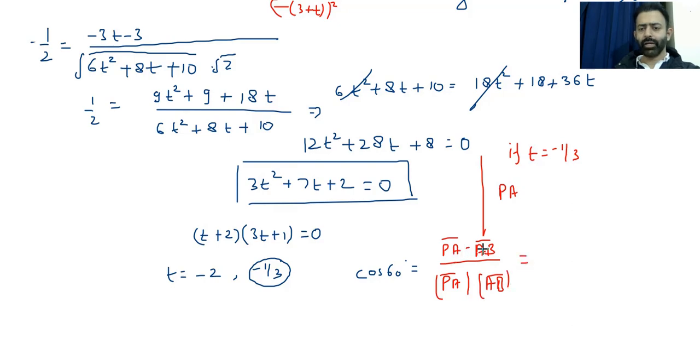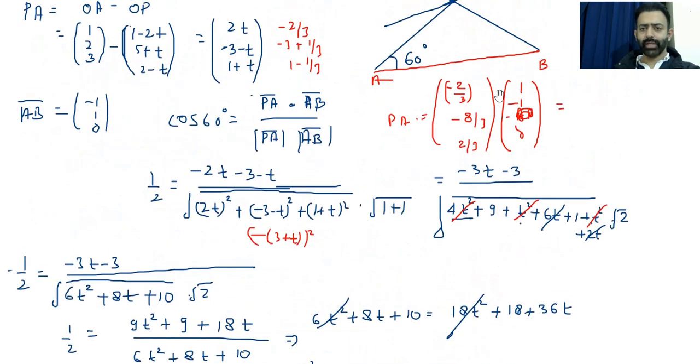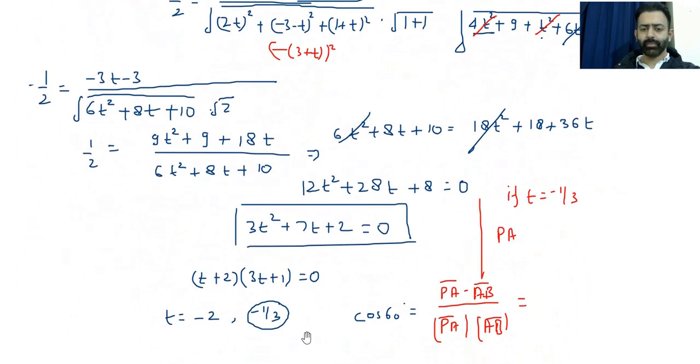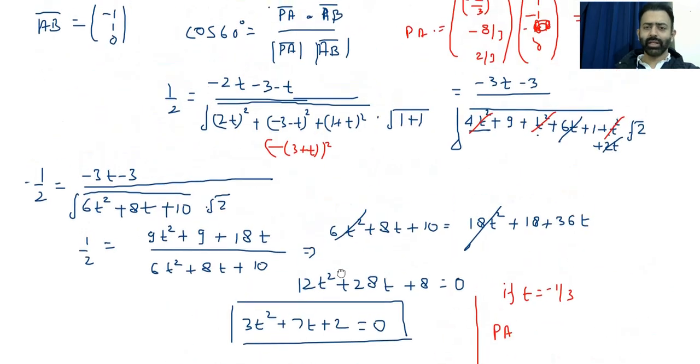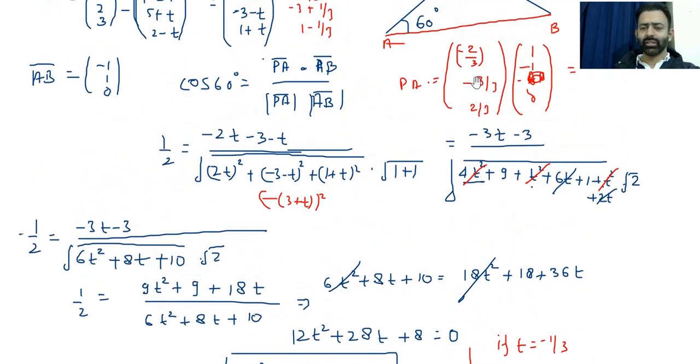So PA dot AB is minus 2 by 3 plus 8 by 3, whatever is the value, it is not cos 60, which is half. It won't be half, right? It is 2 and there is something in the denominator. I think this value will be negative. There is some calculation mistake in finding this, right?